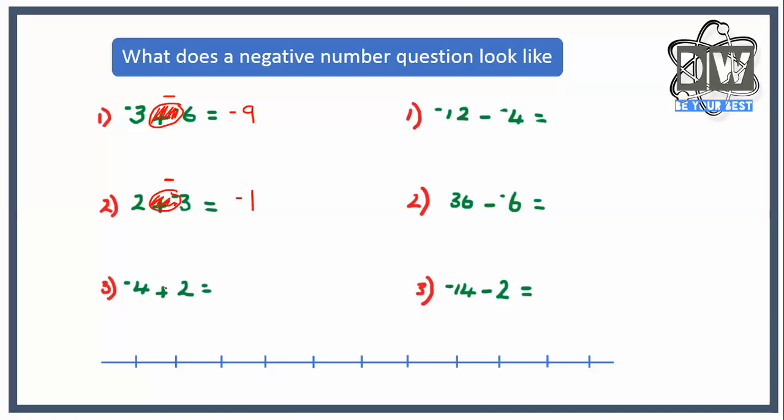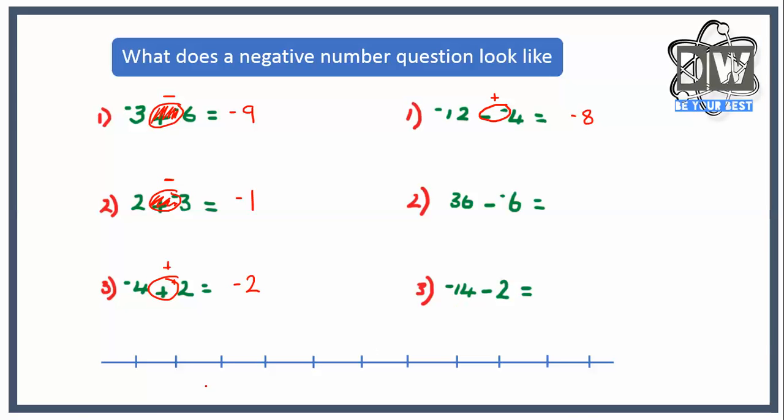So are these symbols the same? Yes, they are. So minus 4 plus 2 gives me the minus 2. If you need to use the number line, use it. This one, are the symbols the same? Yes, they are. So it's a positive. Minus 12 plus 4 is actually minus 8.